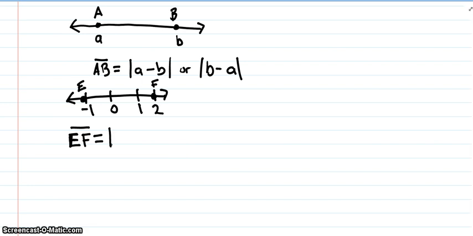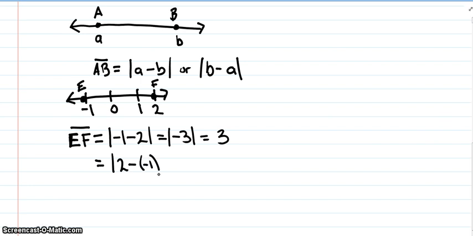As long as we have our absolute value, we can either do -1 minus 2, which will equal absolute value of -3, which is 3, or we can do absolute value of 2 minus -1, which turns to positive, and we'll get absolute value of 3, which is 3. So the distance between them is 3. You can easily count, but when you get to bigger numbers, we don't want to just count.